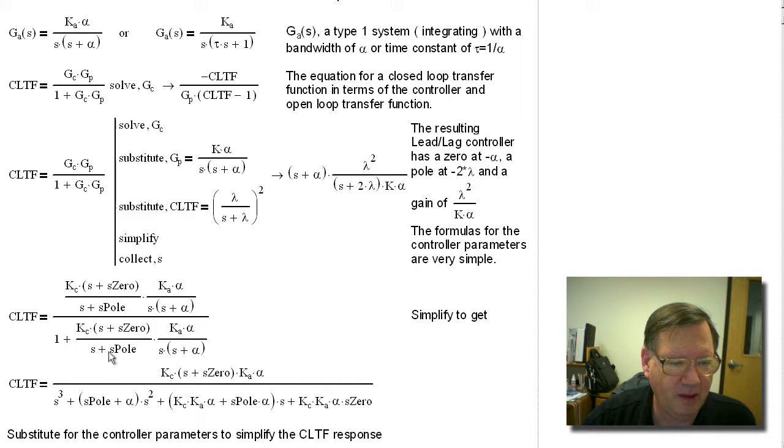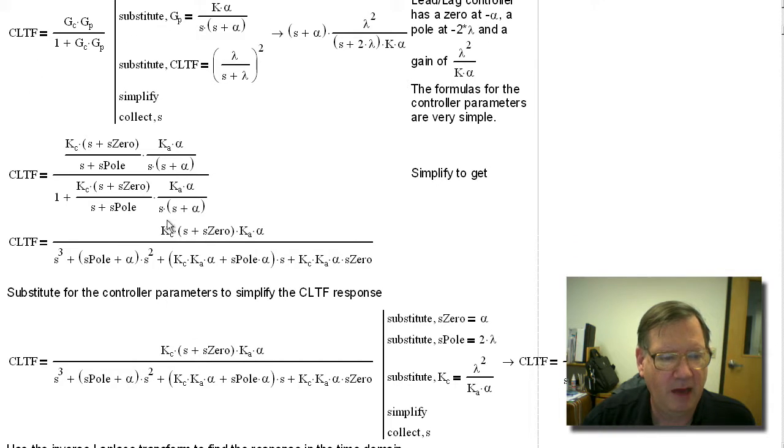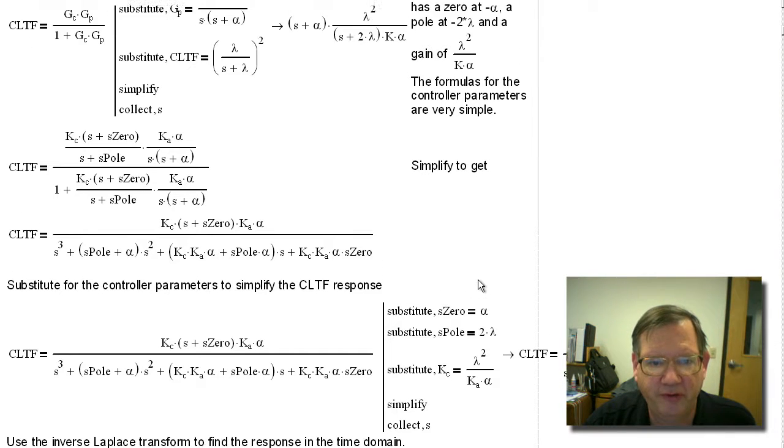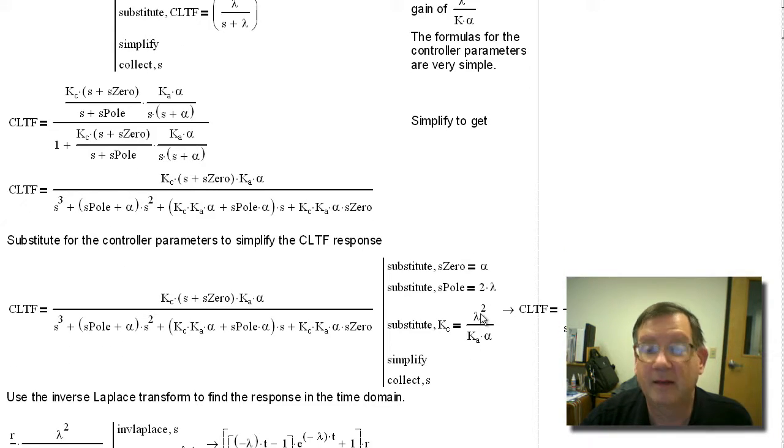So just to verify this, I'm going to take these equations and substitute them into this equation to get this, and then simplify. And I get the characteristic equation here, the symbolic characteristic equation. And if I make some substitutions, remember I said that this is the 0. So I'm going to substitute alpha is equal to the 0. 2 times lambda is the pole, and lambda squared divided by the actuator gain times alpha is equal to the controller gain.